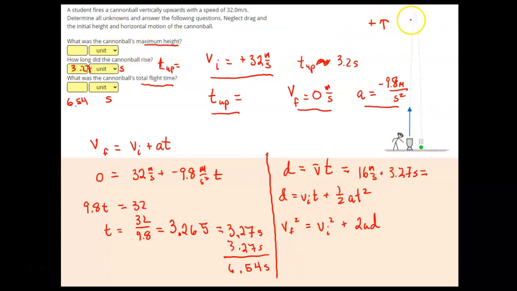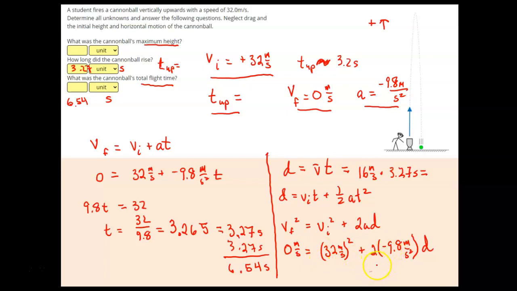At the highest point, our final velocity is 0 meters per second. Our initial velocity was 32 meters per second, and that's going to get squared, plus 2, acceleration is negative 9.8 meters per second squared, right? Up is positive, down is negative, times d. So we take 32 squared, and 2 times 9.8 is negative 19.6.